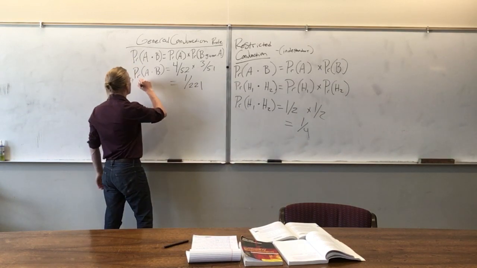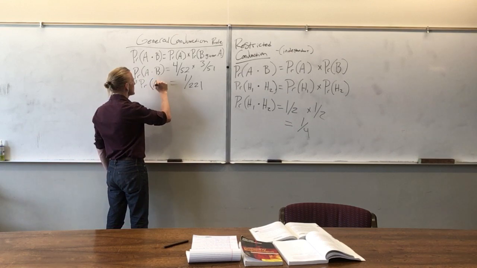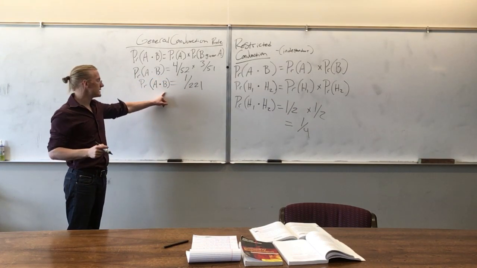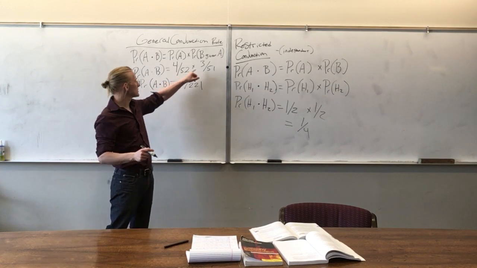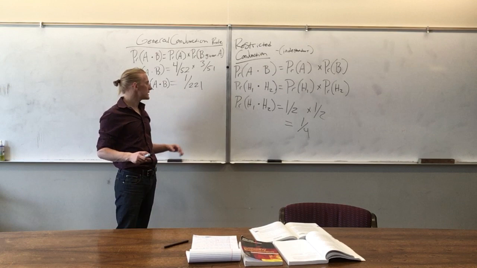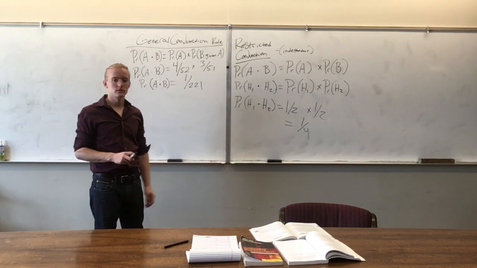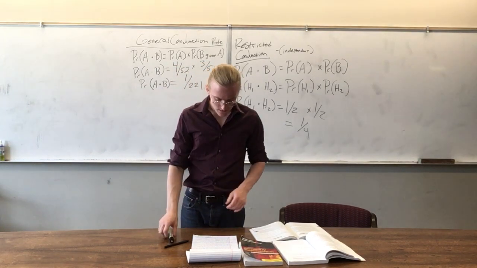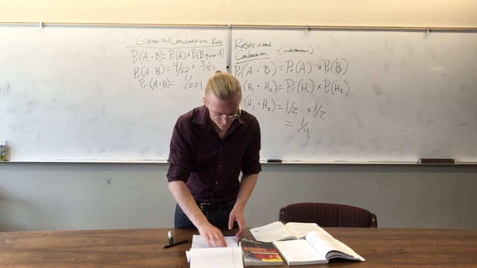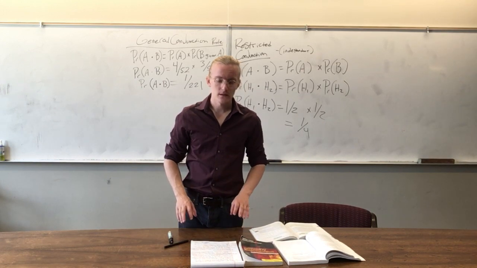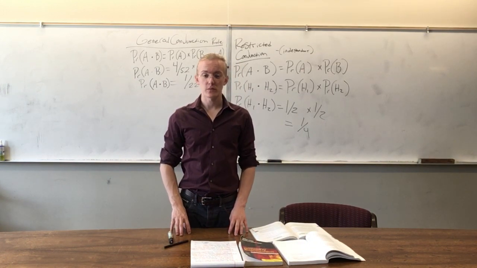So the probability of A and B, where A and B are not independent, and these are our probability calculations for the probability of A, and B given A, is 1 over 221. And that concludes our first lecture on the initial rules of probability calculus.